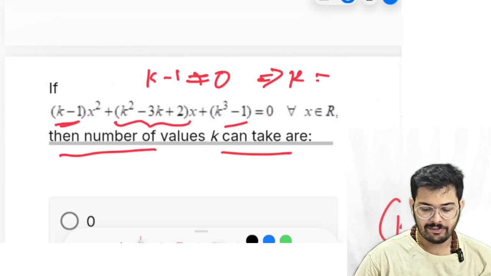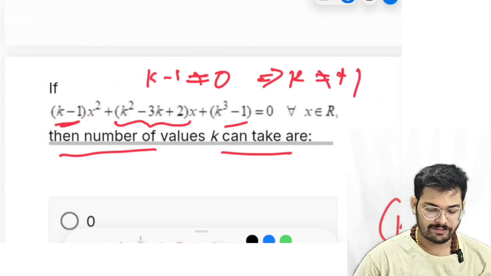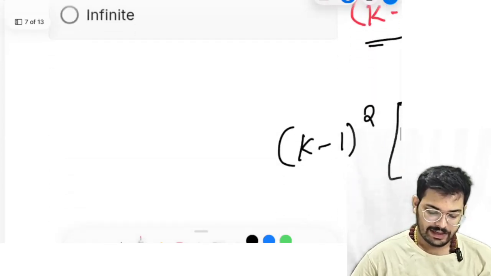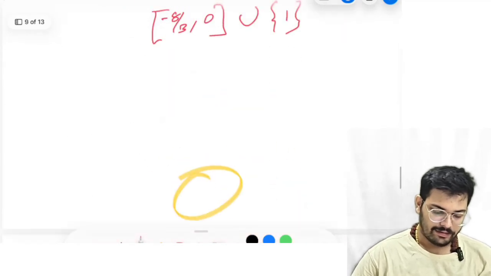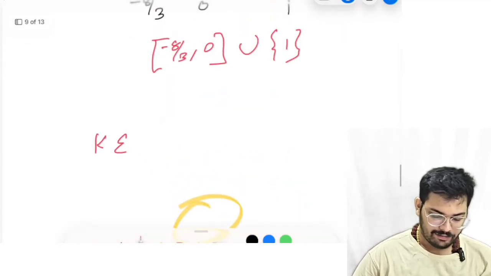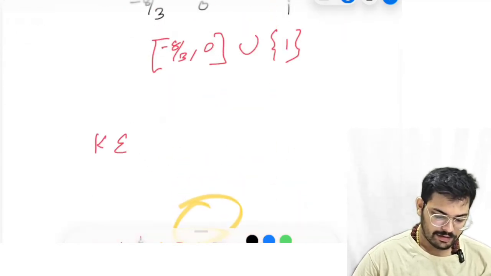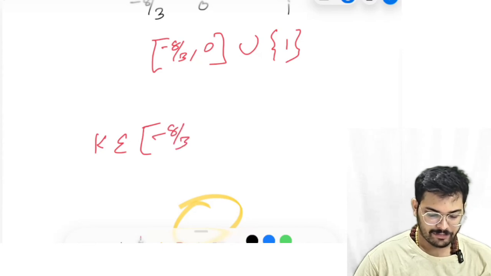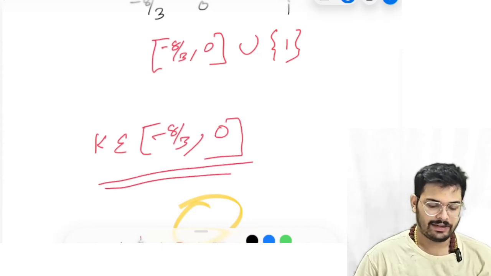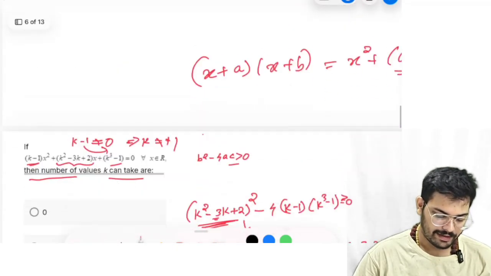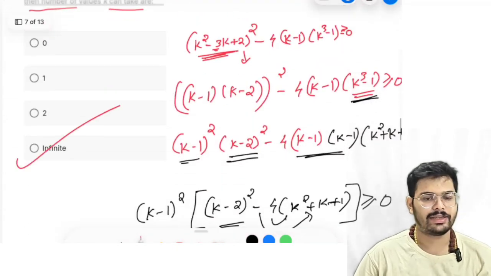Therefore k shouldn't be equal to plus 1. That means we can't take this one. Therefore we can conclude that k is an element of minus 8 by 3 comma 0. Now how many values are there in this interval? In this interval there are infinitely many values. Therefore our option is option D.